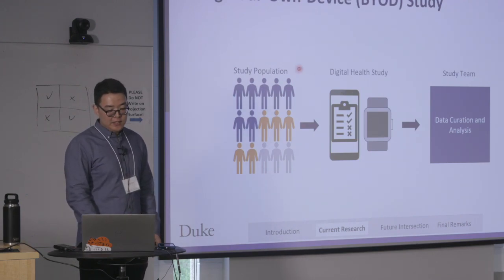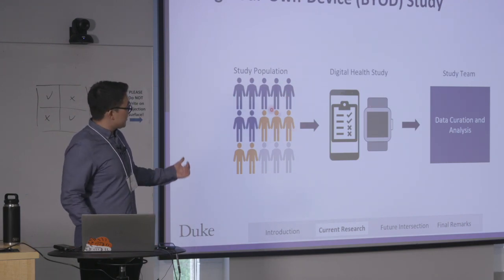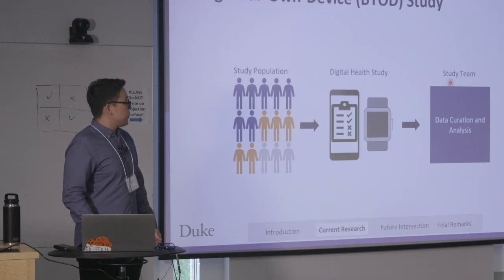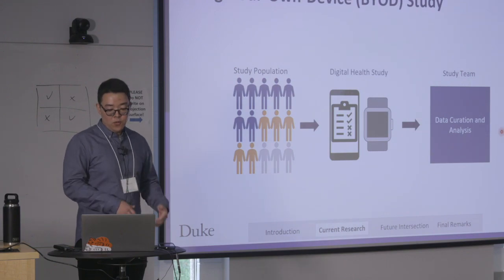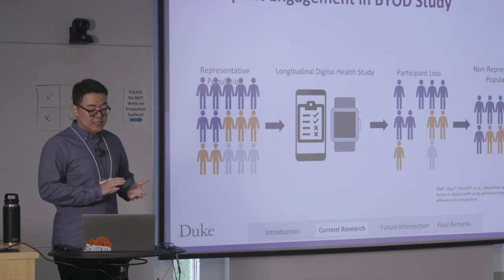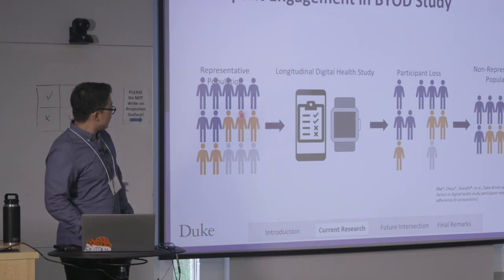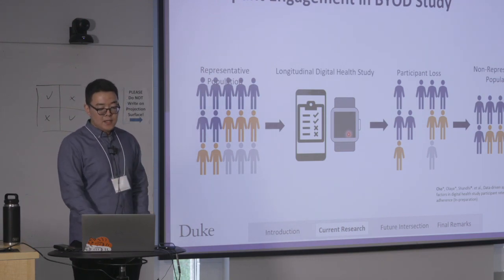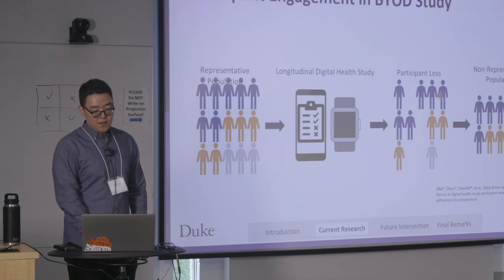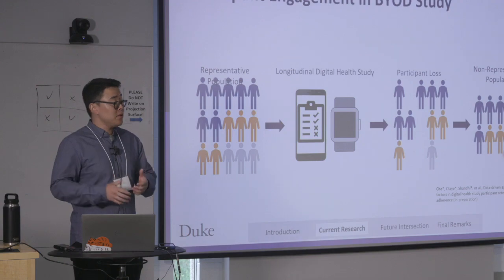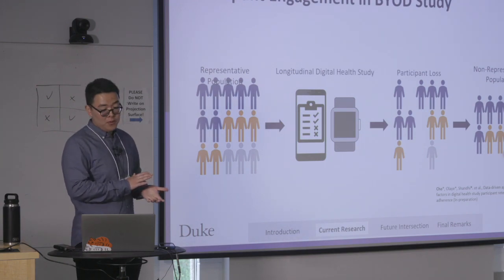The ideal workflow is that you have your target study population, you launch the digital health study, and you receive all this data for analysis. But what we see in a lot of these BYOD studies is that as the study goes on and participants are filling out surveys, there's a lot of participant loss, and the resulting analysis population is very non-representative.